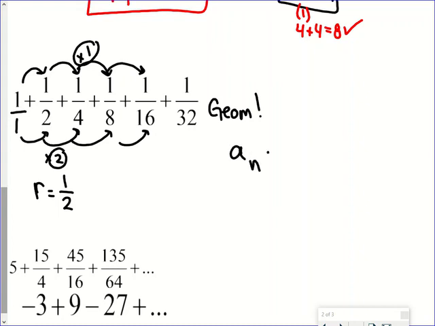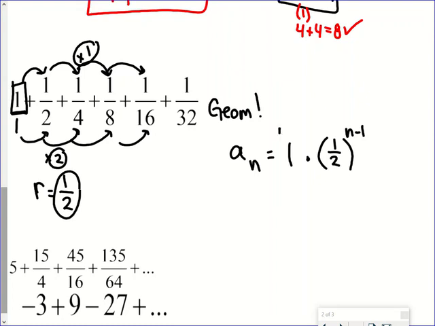So A sub n equals your starting number, so in this case it's a 1, then times your R, or your pattern. Our R is a 1/2, so in our parentheses a 1/2, and then always to the n minus 1. So for these geometric ones, they're actually a little bit easier because you can't simplify that.